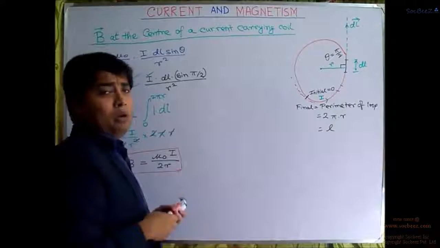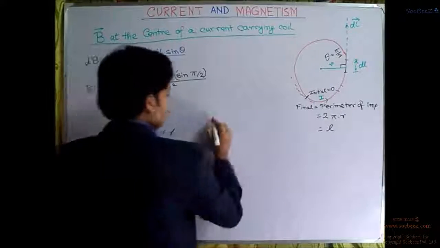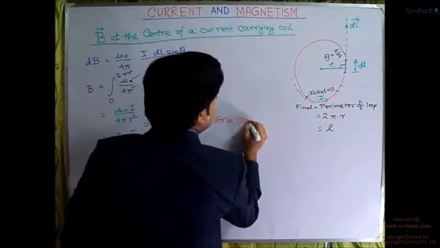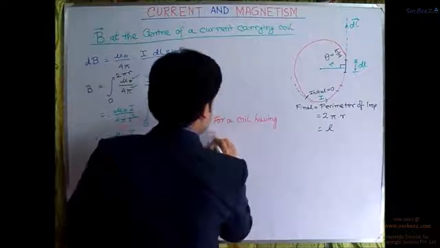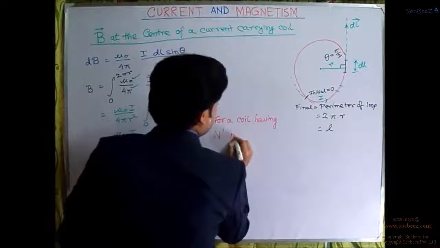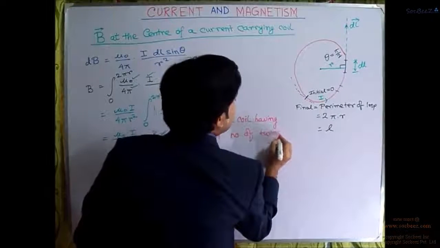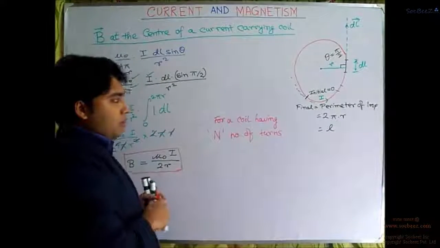Now, for example, in this scenario there are n number of turns for a coil. How are there n turns?